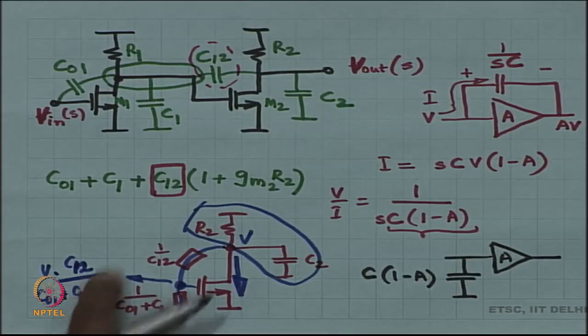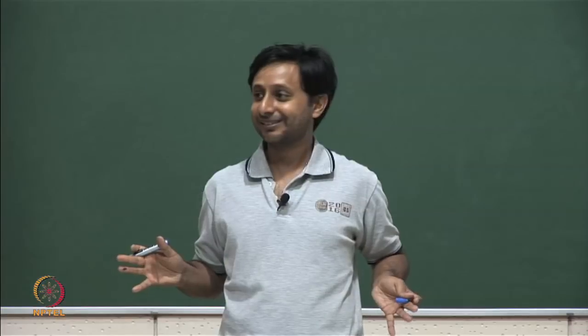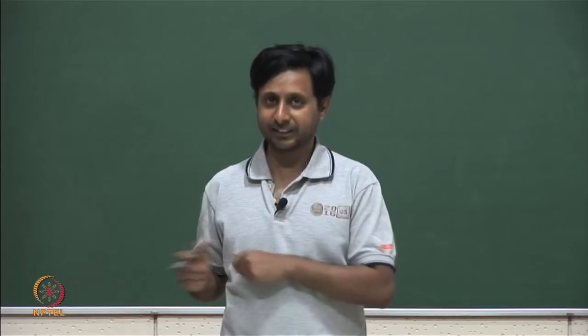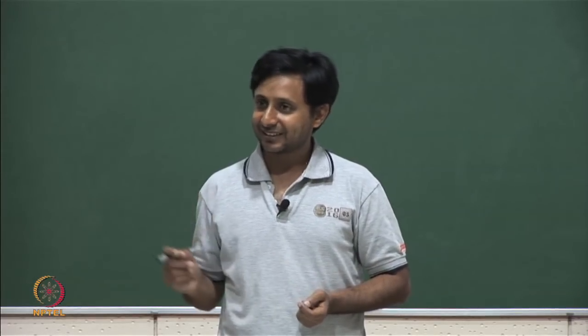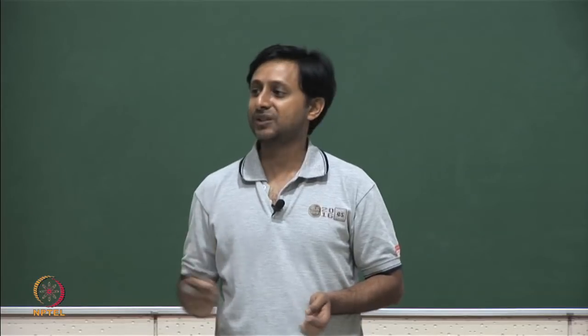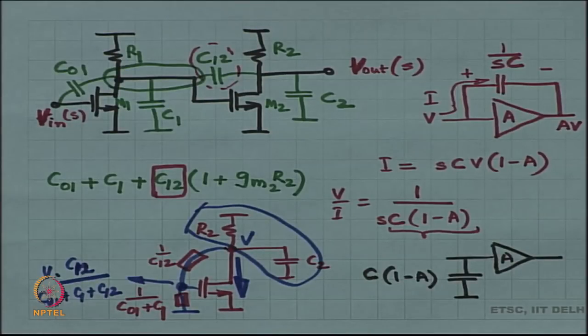That means that Gm times this voltage is the current. In other words, this MOSFET is not open, it is not a dead MOSFET, it is actually an impedance, a diode connected MOSFET. So at this high frequency, the MOSFET is going to behave like a resistor of a very low value.